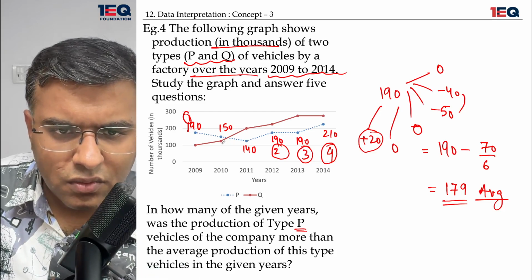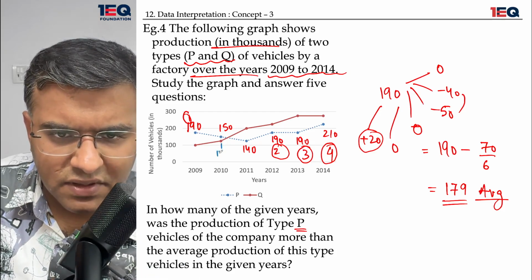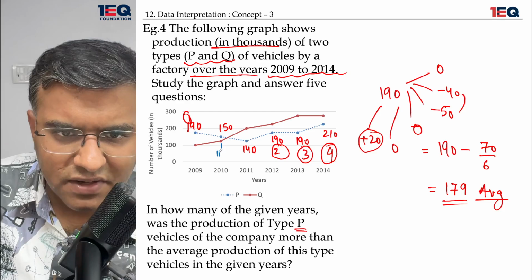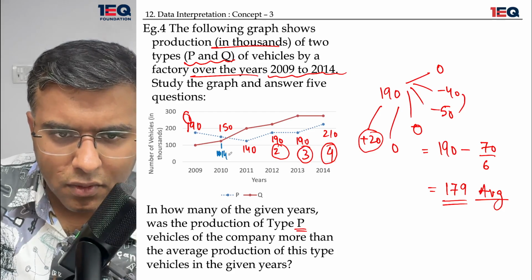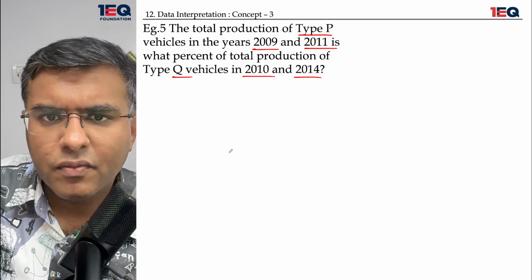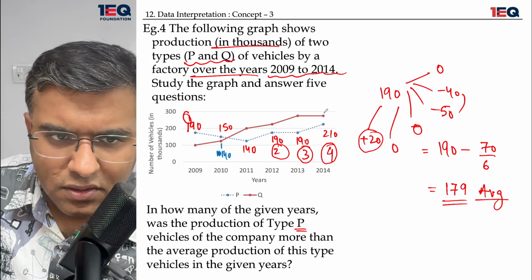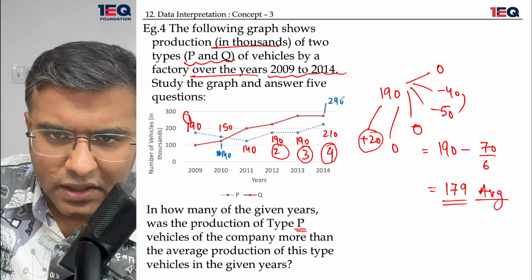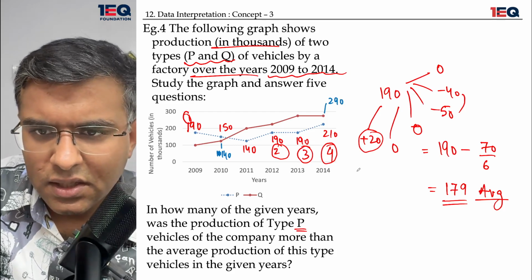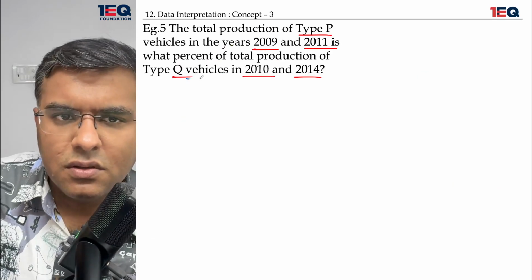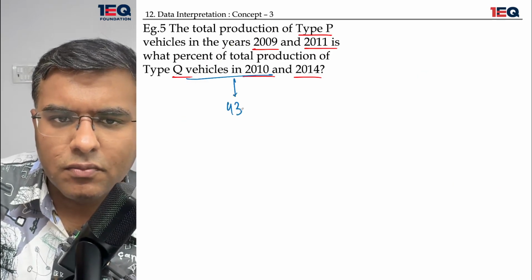Q in 2010 is 140. In 2014, this was 290. So 140 and 290 gives me 430.